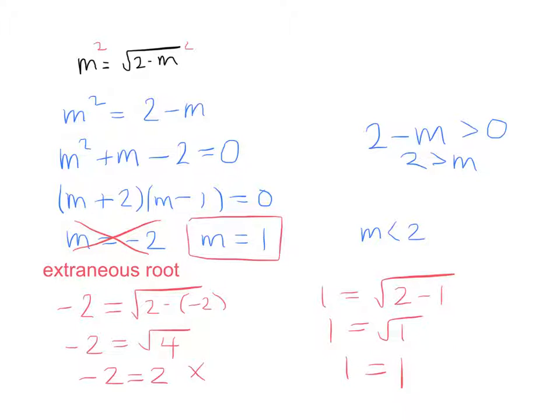What that means is it is a solution to a modified form of this equation, but it's not a solution to the original. -2, if we filled it in here, is fine. It is a solution to m squared equals 2 minus m, but it's not a solution to the original. So it's not that we made a mistake. Like usually when you fill it in to verify and it's wrong, it means we made a mistake. We didn't make a mistake.